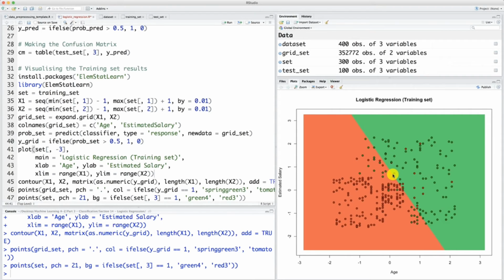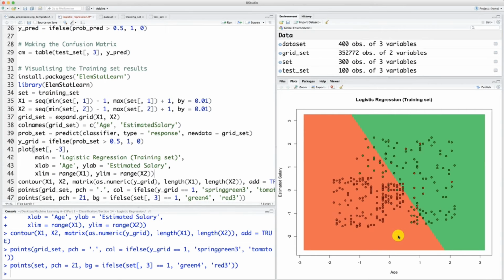So I will hold my breath a few more seconds until I find out if our logistic regression classifier can manage to make good predictions of new observations, that is to classify new users into the right regions, which by the way are fixed regions here because these are the regions generated by the learning experience of our logistic regression classifier and therefore won't change if we look at some new observations, that is new social network users. And that's what we are about to find out on the test set.